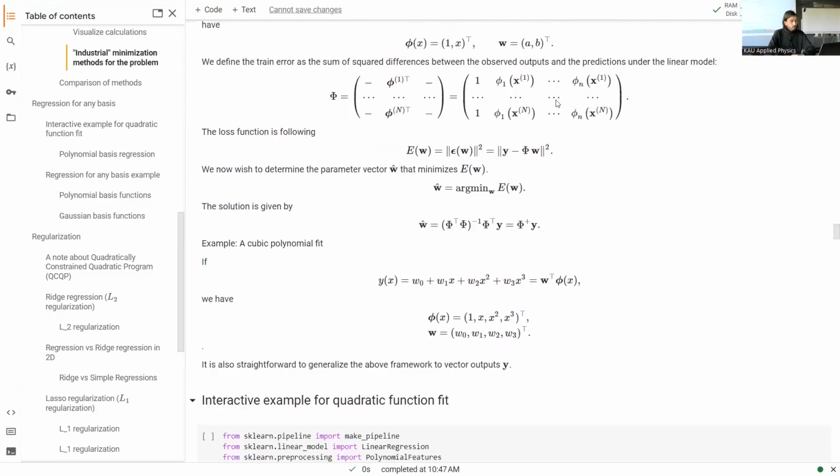Let me take my basis functions as x, x squared, and x cubed, and perform a linear regression on that. The resulting model will look like w0 plus w1 times x plus w2 times x squared plus w3 times x cubed.